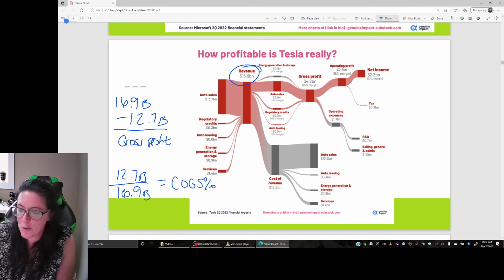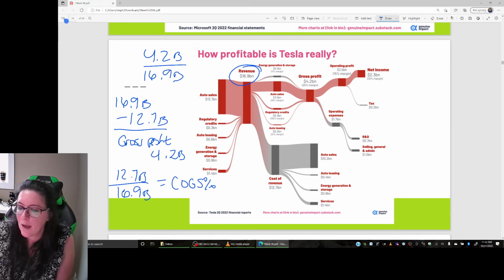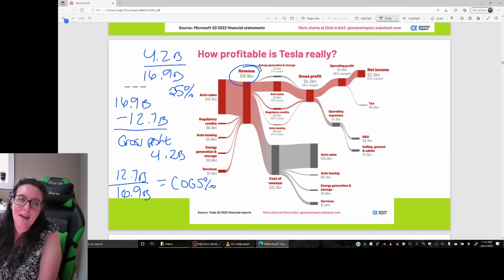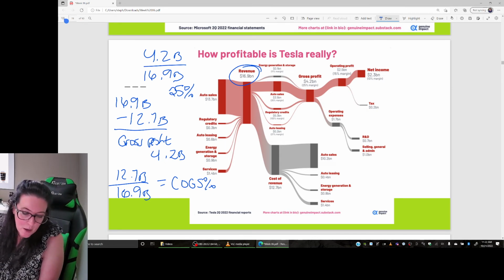We take our gross profit, that 4.2 billion, and we divide by our revenue of 16.9 billion, and that would give us that gross margin of 25%.